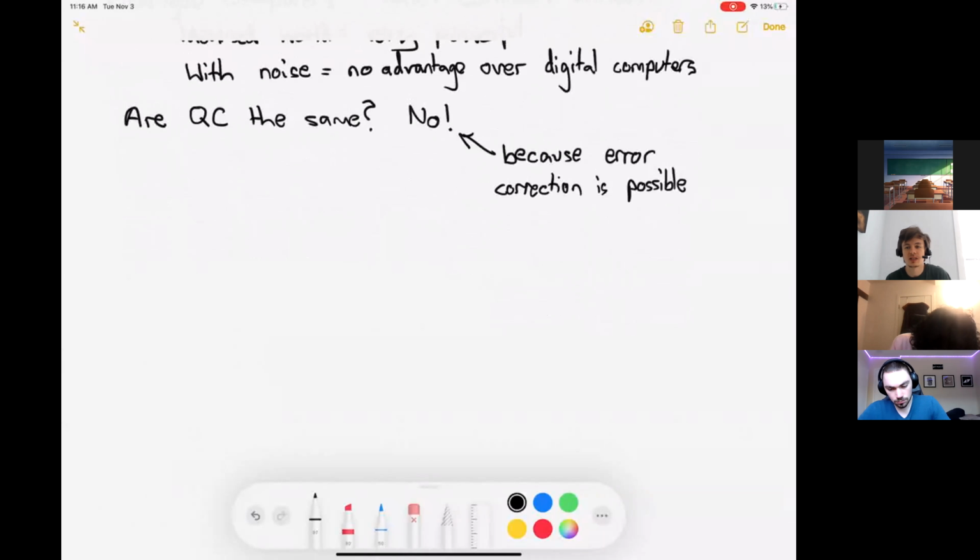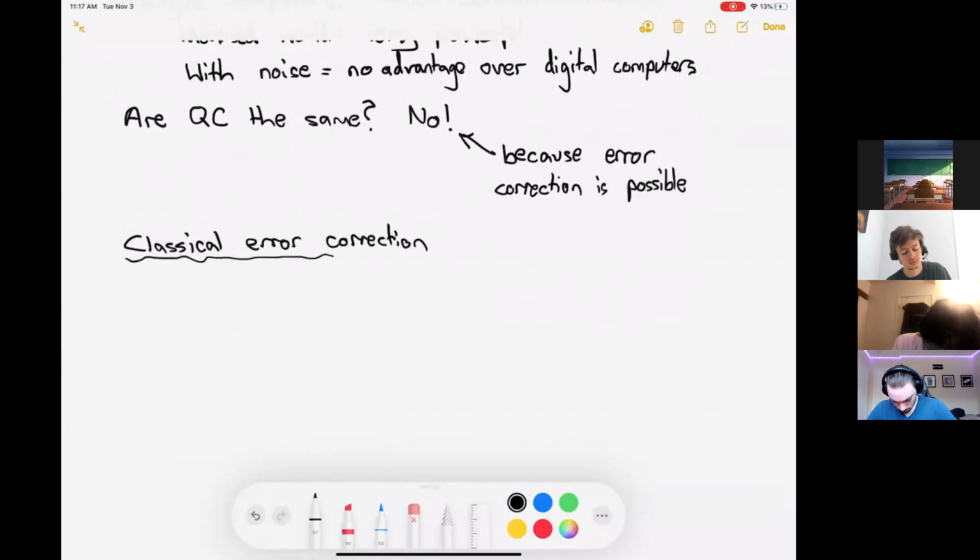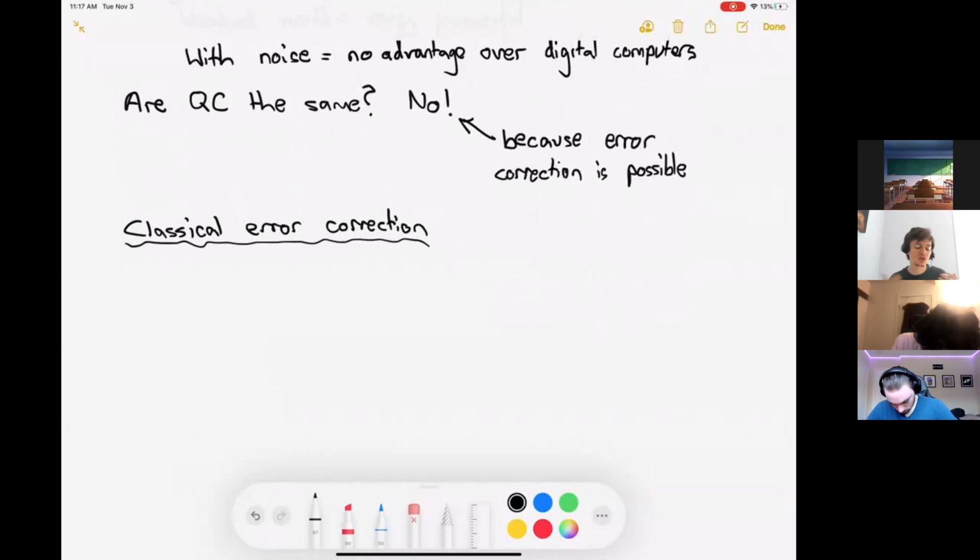Okay, so let's start with something a bit simpler than quantum error correction. Quantum error correction is a fairly sophisticated subject. We're just going to start with classical error correction. So how does classical error correction work? Well, the idea is we have some bits storing some data, but then there's some noise, and so some of those bits can get flipped.